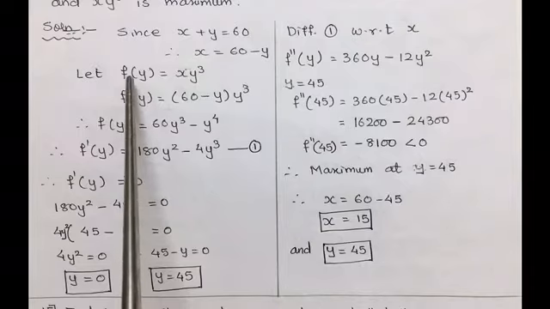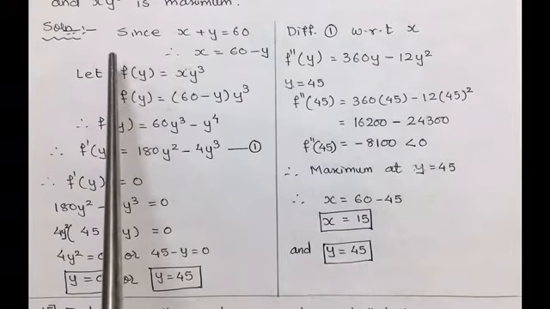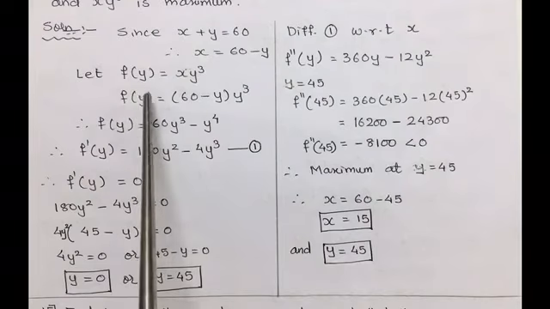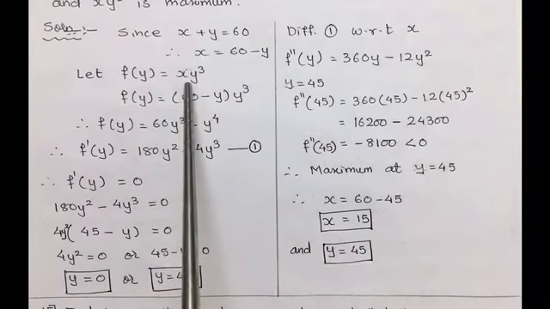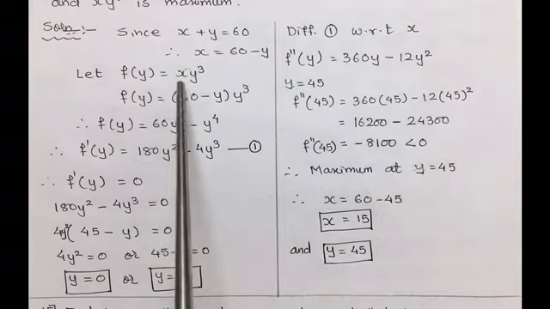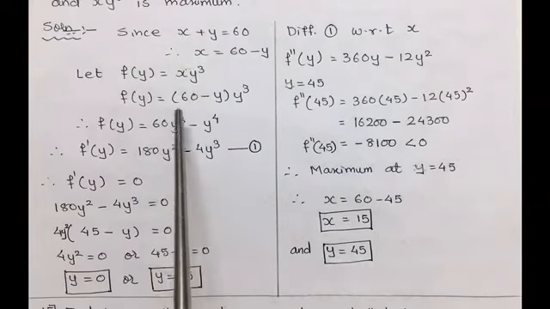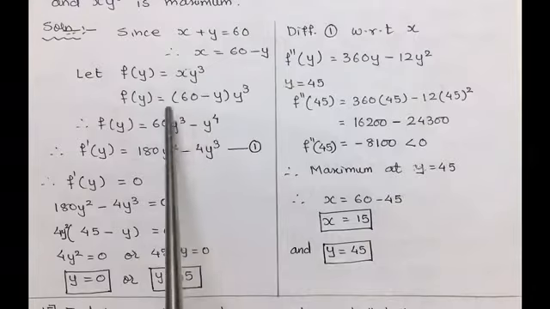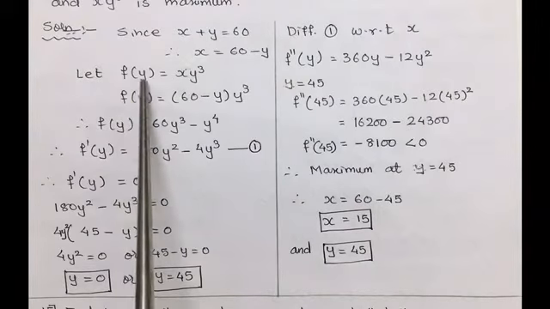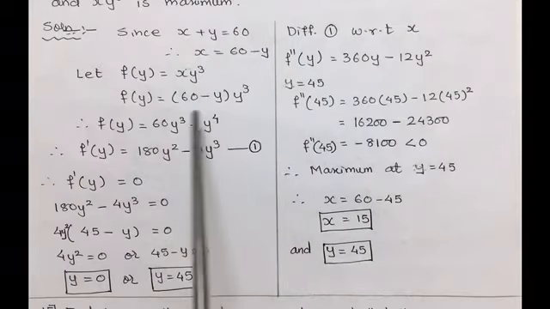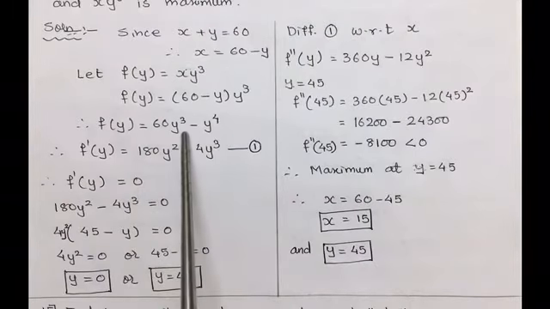So we have taken the product x y cube as f of y, because the whole function will be differentiated with respect to y. So we have to write f of y instead of x, because the function will be totally expressed in terms of y.